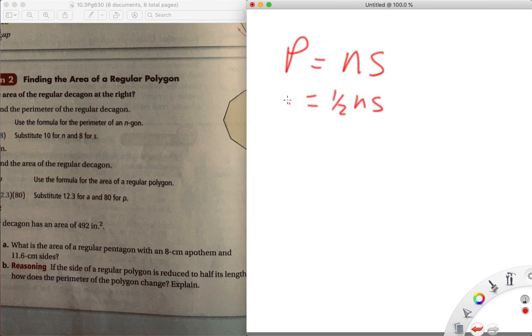So we call this perimeter number 2, would be 1/2 times ns, or we can say that perimeter 2 would be 1/2 of P1, the first perimeter. So if we cut the side in half, we cut the perimeter in half.